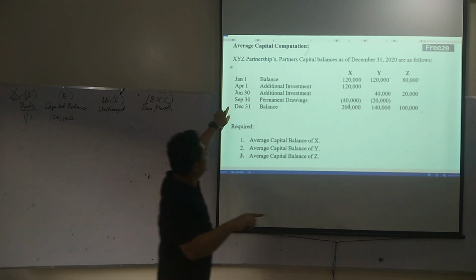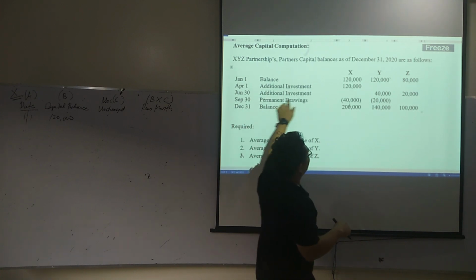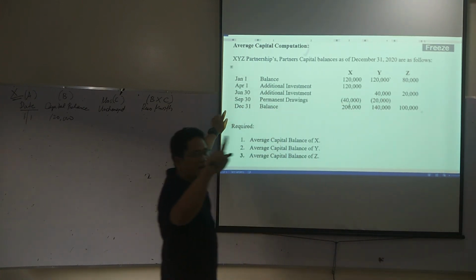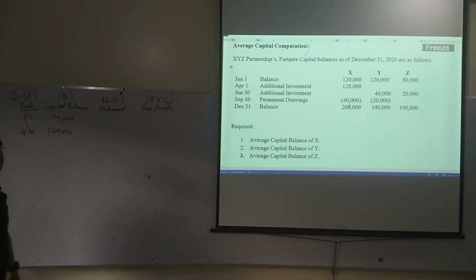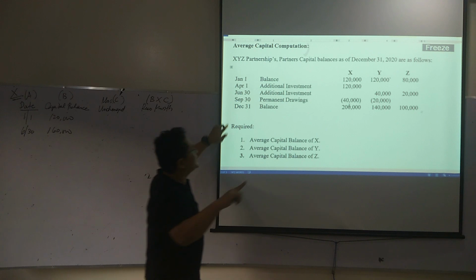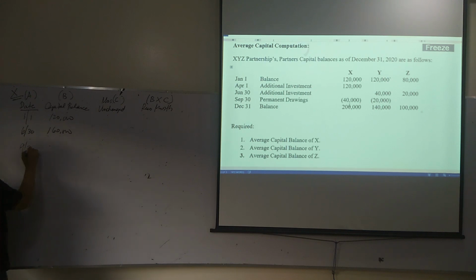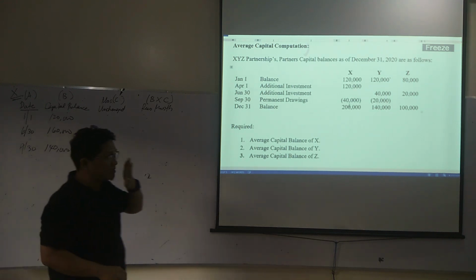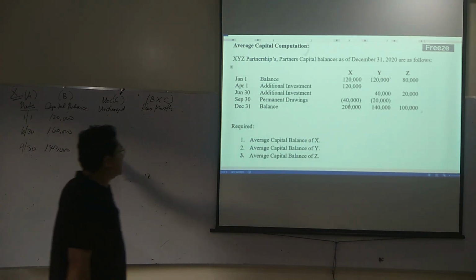His capital changes on June 30, when he added 40,000. So as of June 30, his capital is 120 plus 40, 160,000. Next, his capital changes on September 30 by minus 20. So 160 minus 20, his capital balance is 140,000. After that, his capital remains at 140, so our capital here is correct.